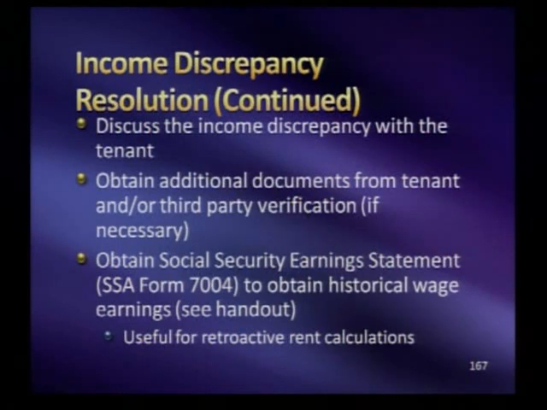And one of the things that I love to do, this is a great tool that I used when I was doing annuals and re-exams. Sometimes it's very cumbersome to calculate retroactive rents. But if you have a scenario where the family was always working and never reported the wage earned, I love to use the SSA Form 7004.